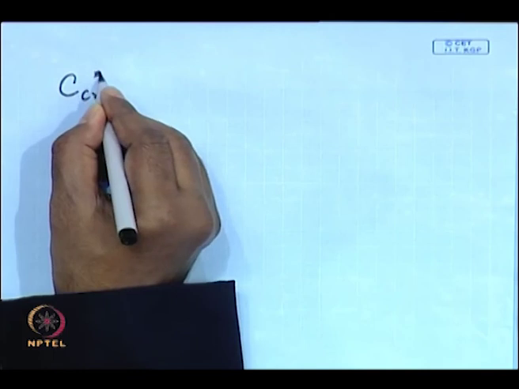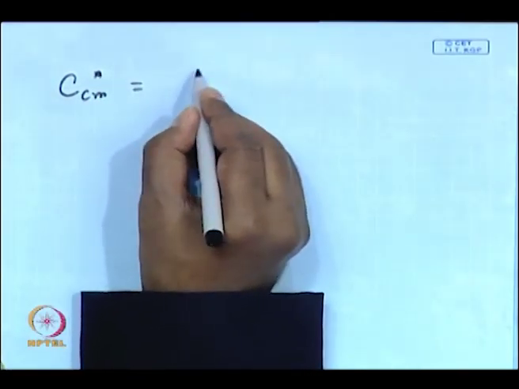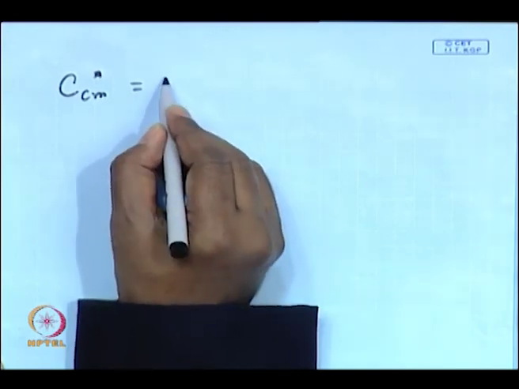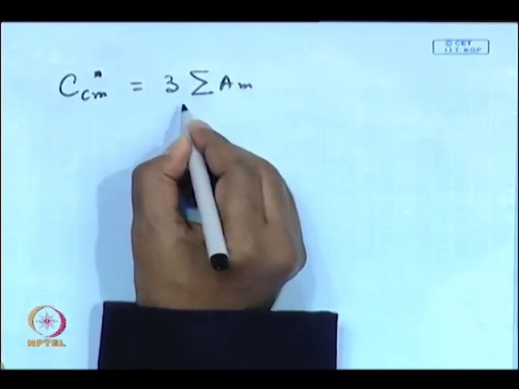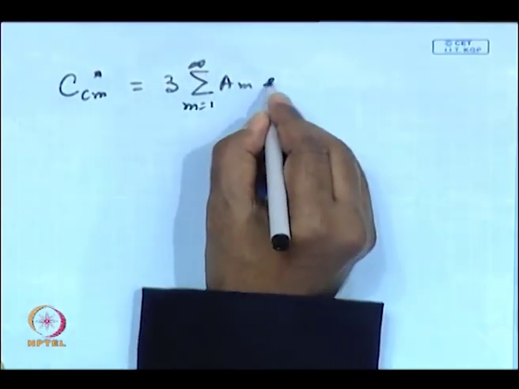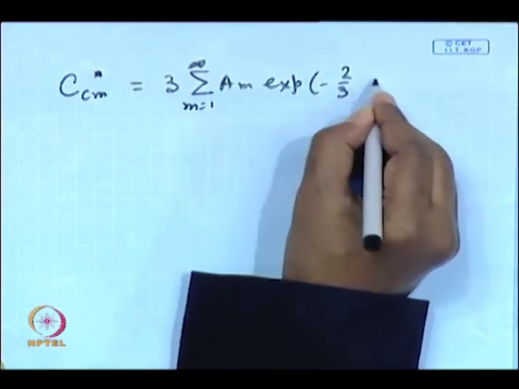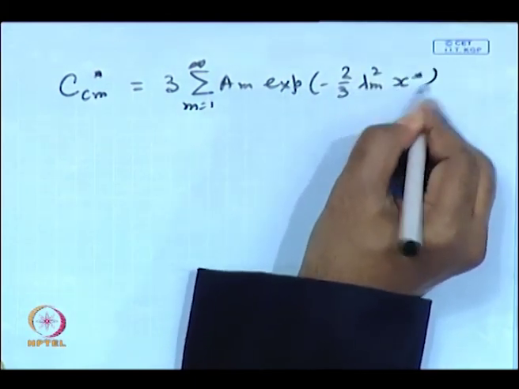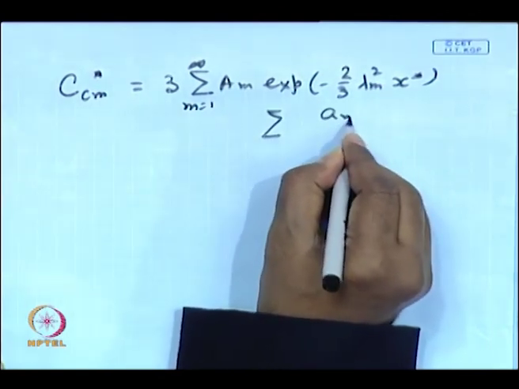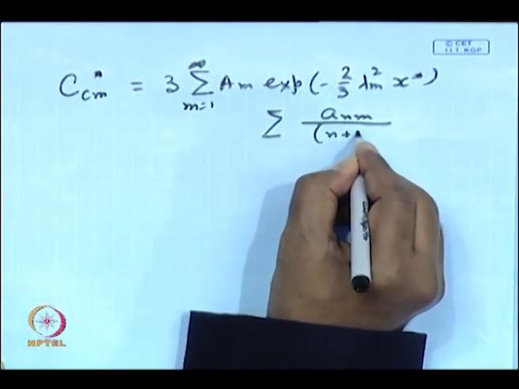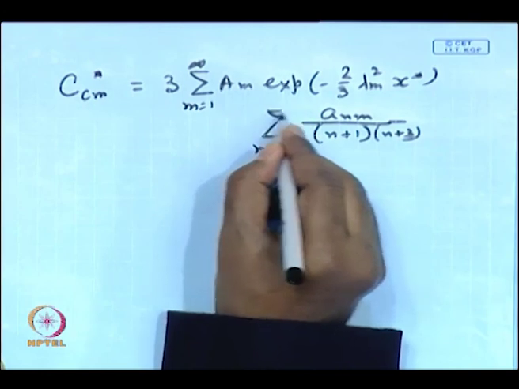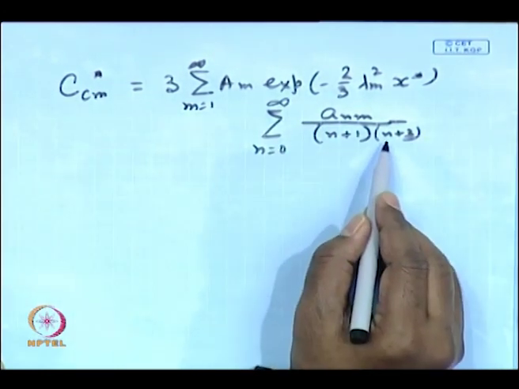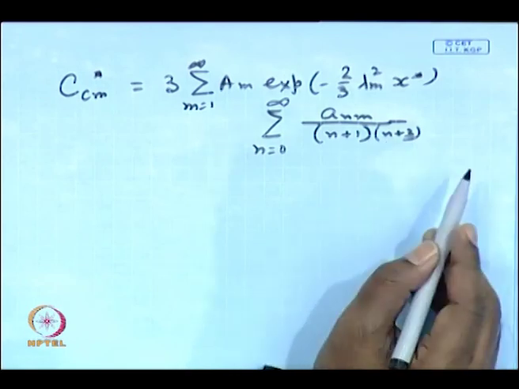After carrying out the integration in the y direction, the value of CCM star will be nothing but 3 multiplied by the summation over m from 1 to infinity of A m exponential minus 2 by 3 lambda m square x star, times another summation of A n m divided by n plus 1 into n plus 3, where n goes from 0 to infinity. This series is coming from the solution of the y dimension, that is, from the series solution.